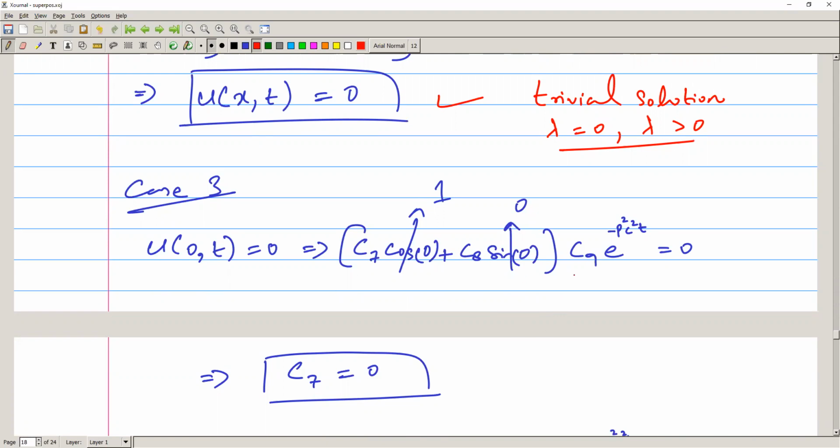So now we will consider case 3 and apply it similarly, that x is equal to 0. So when x is equal to 0, it will be c7 times cosine 0 plus c8 times sine 0. So cosine 0 is equal to 1 and sine 0 is 0. So we will be left with c7 times c9 e to the power negative p squared c squared t is equal to 0.